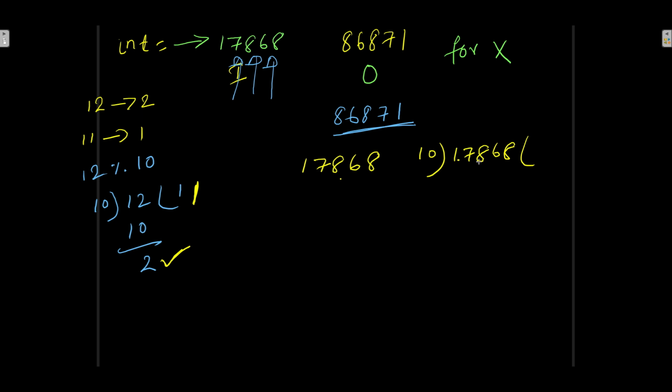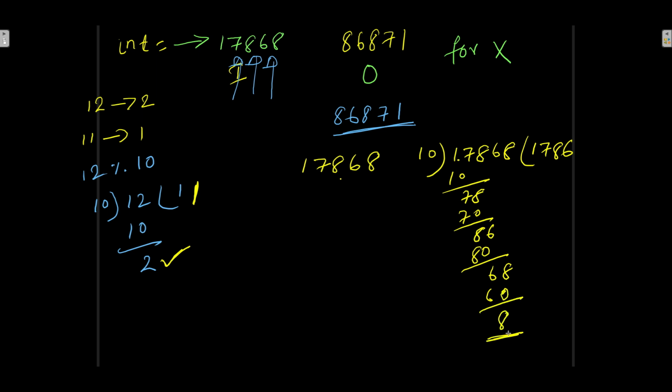Basically I'll divide first by 1, it will do 10, 78. I will multiply by 7, it's equal to 70. So it is 8 and then 6. I will multiply by 8, it will come 80. Then 68 I will do by 6, it will come 6, and finally I will get 8.